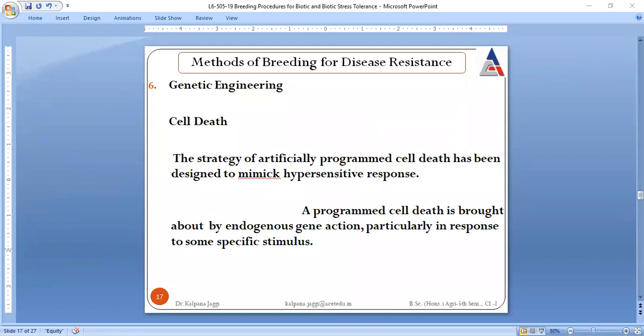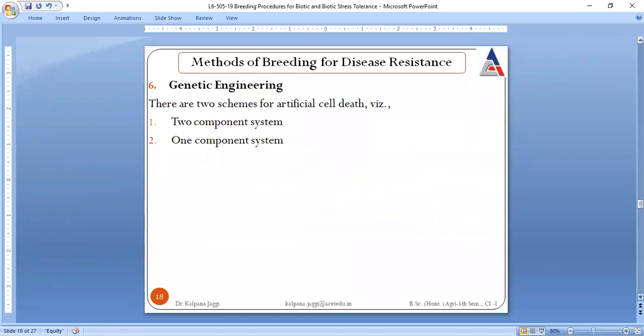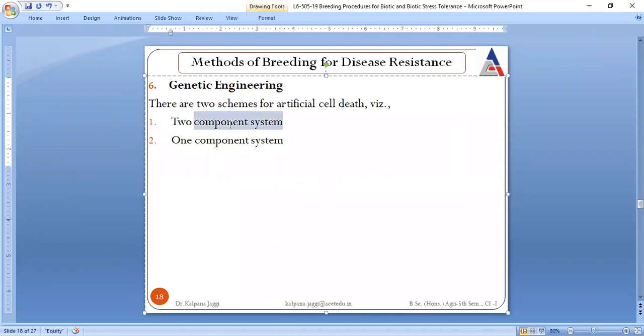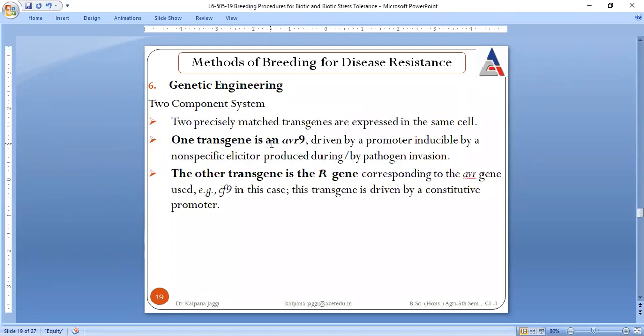Here, artificial production of cell death is further divided into two systems. One is the two component system and another is the one component system. When we talk about the two component system, it is very important now. Listen carefully. Two component system.